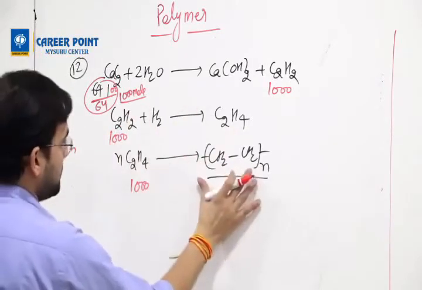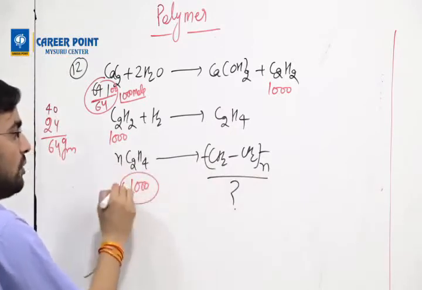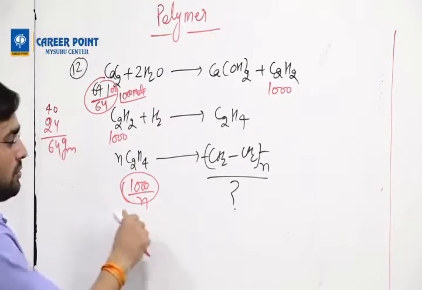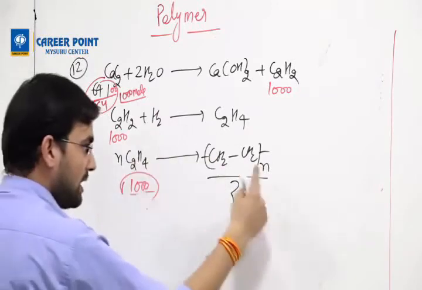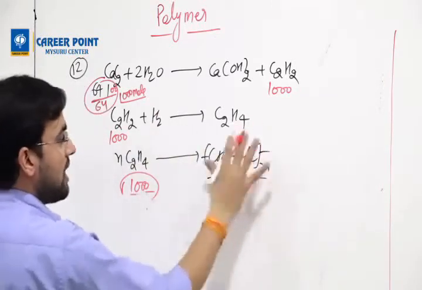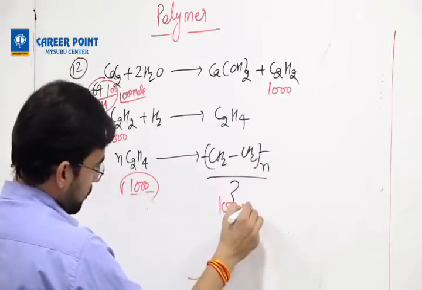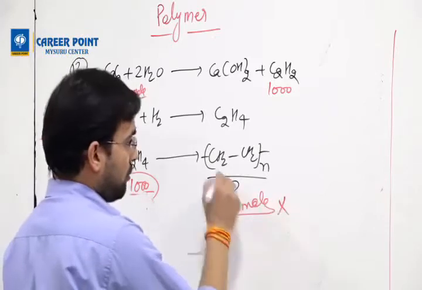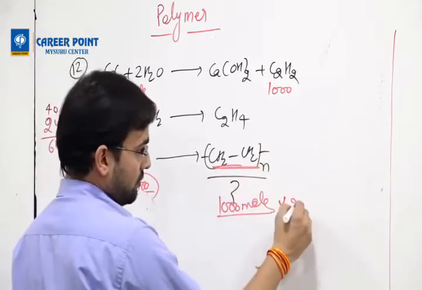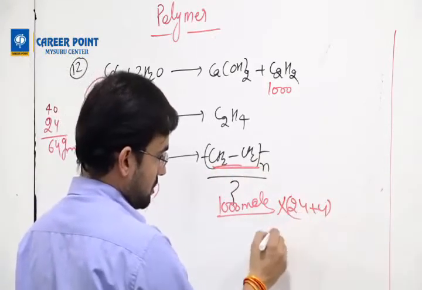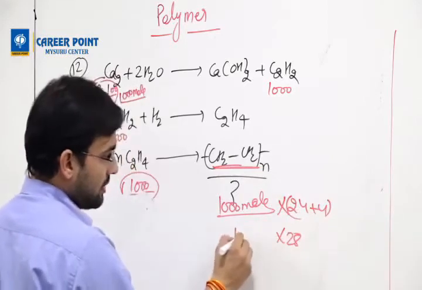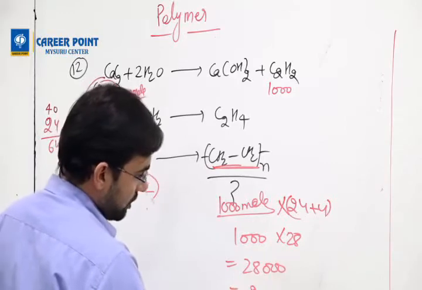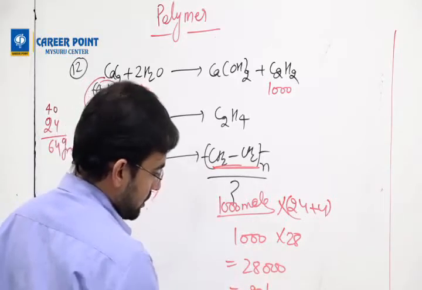So here all 1000 moles, I divide by N to get 1 mole, then I write N times. So here the mass will be of 1000 moles, 1000 moles into the molar mass of this compound, 24 plus 4, so 28 into 1000, so we get 28,000, that means 28 kilogram.